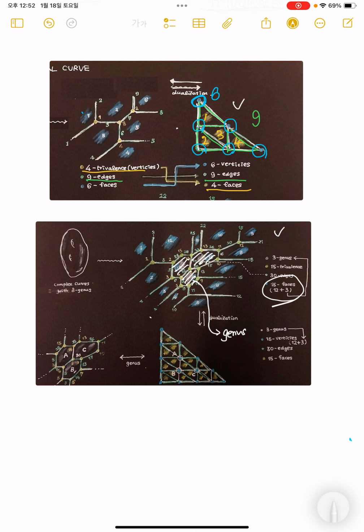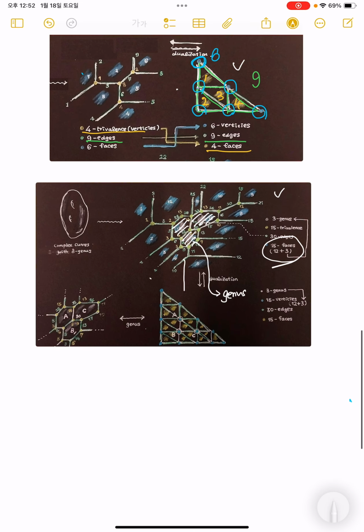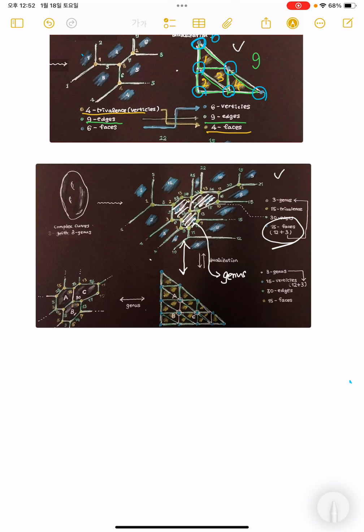If you think about the dual image of this tropical curve, there are 15 vertices, 30 edges, and 15 faces. Because trivalents and faces are the same number, 15 and 15, the vertices and faces would also be the same.